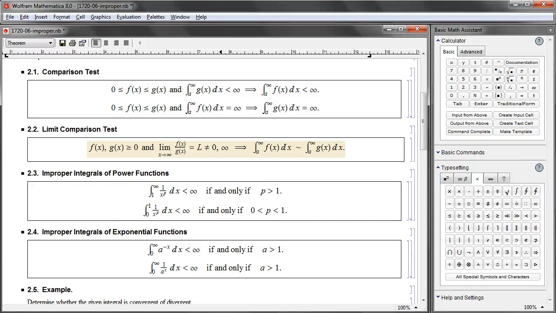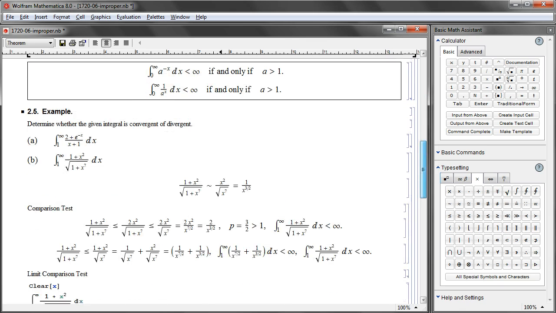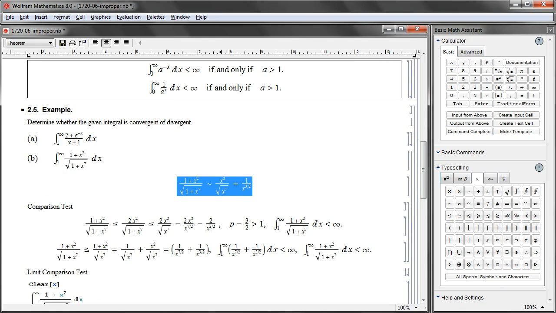When f and g are positive functions, then take the limit of the ratio. If the limit is neither 0 nor infinity, then the integrals must behave pretty much the same way, asymptotically. If one converges, then the other converges too. If one goes to infinity, the other goes to infinity as well. If you use that, then this kind of asymptotic estimation is fully justified.